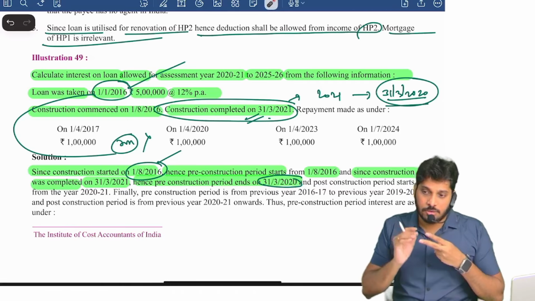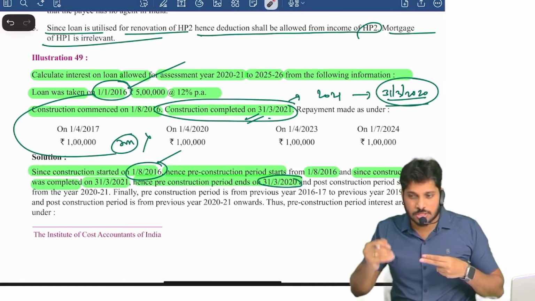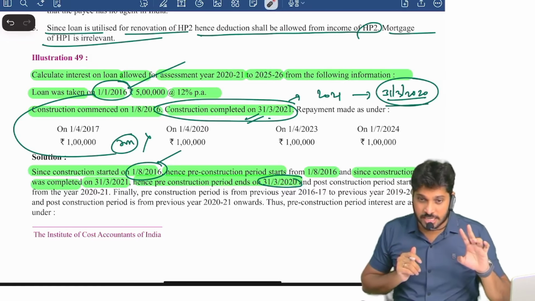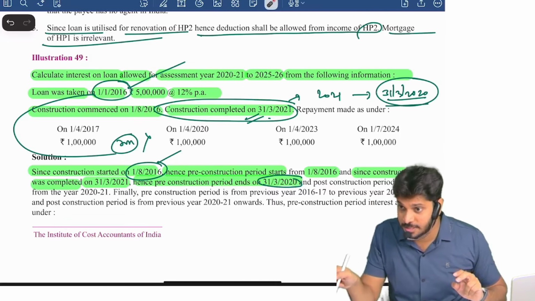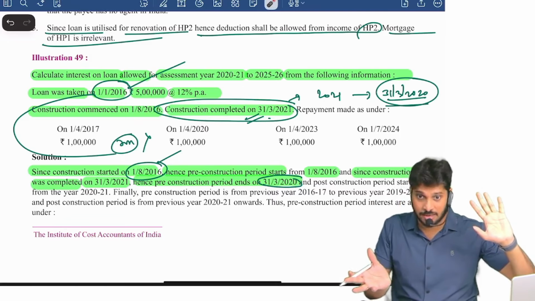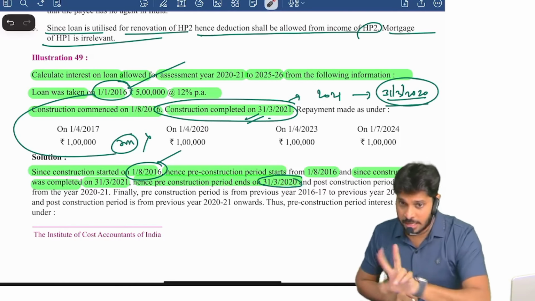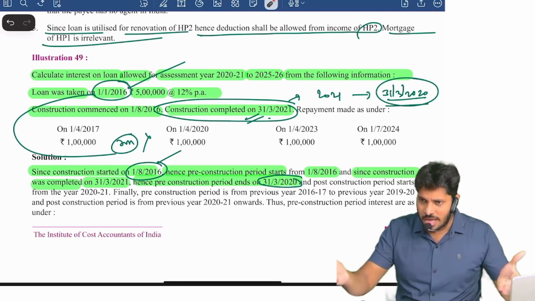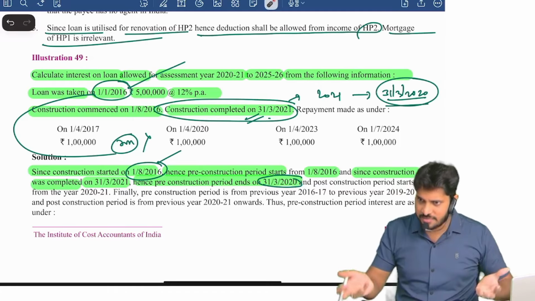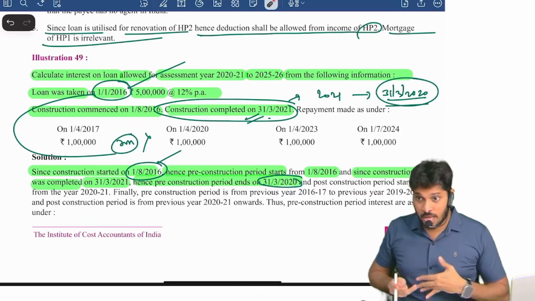Correct? So now some courts, some judgments or some assessing officer might say I will give deduction only from the construction starting date onwards. Only then you started using the loan for the property purpose. Until then you might have just kept it idle, so I will not give deduction. That is one argument. Another argument is: sir, the moment the bank gives a loan, I have to search for raw material, I have to find people, I have to find everything. Before I get a loan, I'll be uncertain.